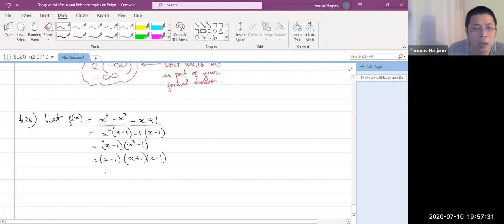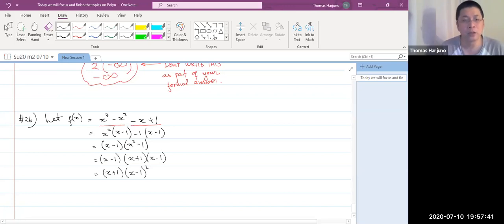So now I get (x plus 1)(x minus 1) squared. So to get the sign graph, step 1, critical numbers are x equals -1 and x equals 1 with multiplicity of 2. This is with multiplicity of 1.